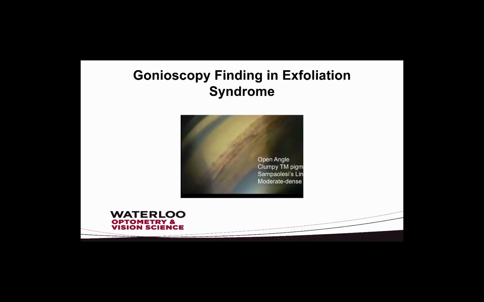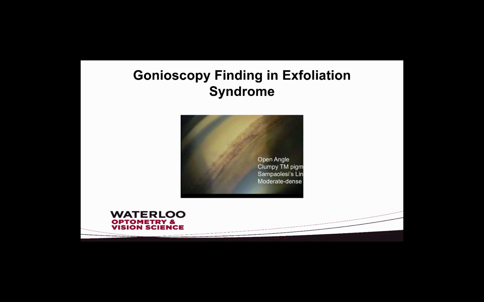In gonioscopy, what we end up seeing in exfoliation syndrome is a mixture of clumpy trabecular meshwork pigment. We don't see the gray protein material that's consistent with exfoliative material. It's not as obvious in the angle as it is on the lens surface.